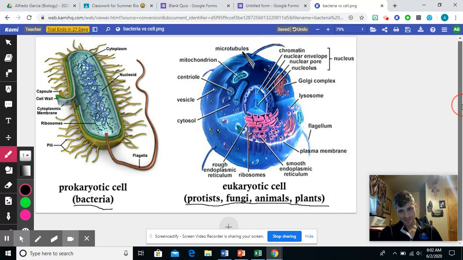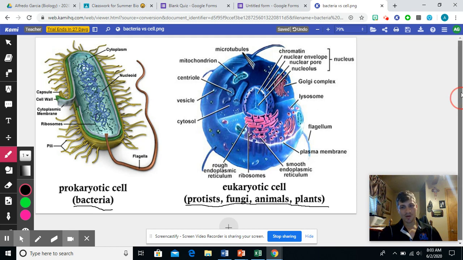There's a weird trick or a weird way that I kind of remembered this when I was in high school, and none of my teachers taught me this. It was just something I kind of noticed, which was that prokaryotic cells have pro in the front. And whenever you guys hear the word pro, you think professional, right? You hear somebody say, "Oh, he's a pro gamer.